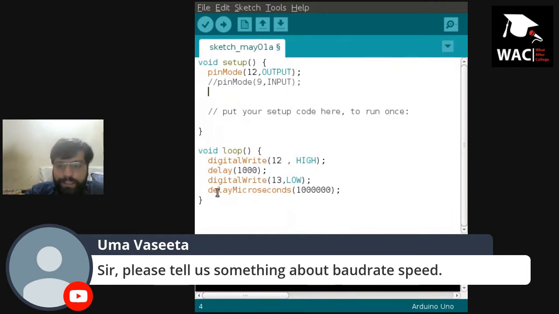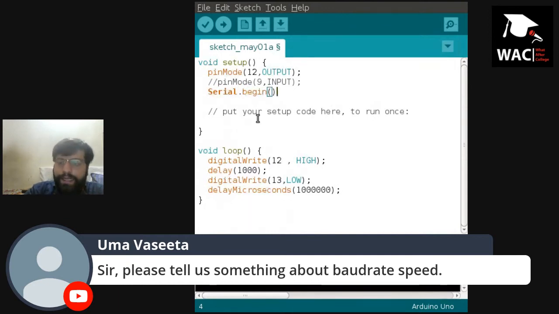Baud rate speed is basically what we do. For example, we are working on two different systems, communicating between two different Arduinos, so we need to initialize the baud rate, for which we have a function called Serial.begin, and S will be capitalized.